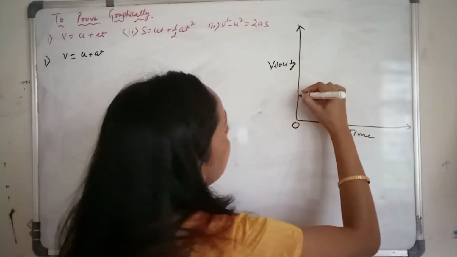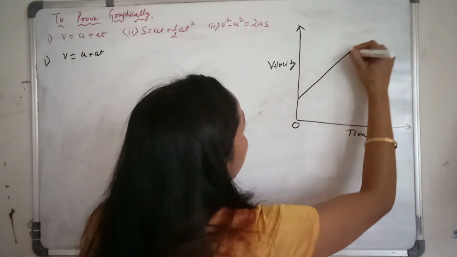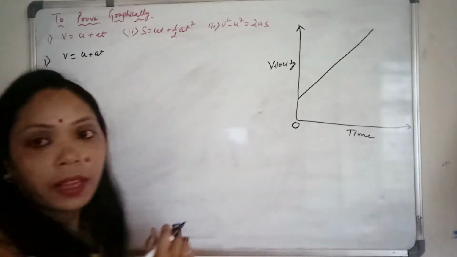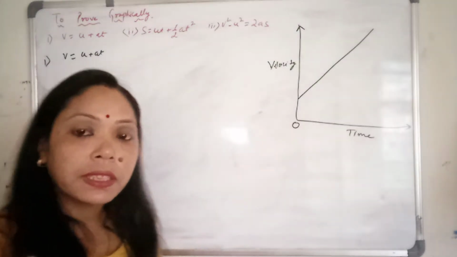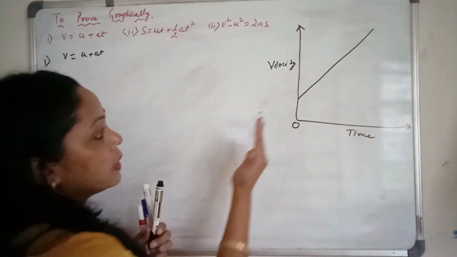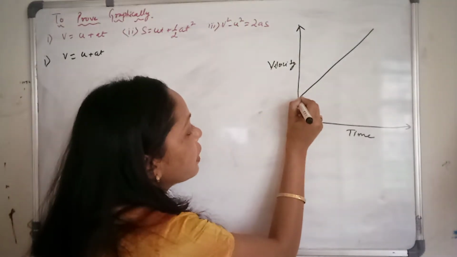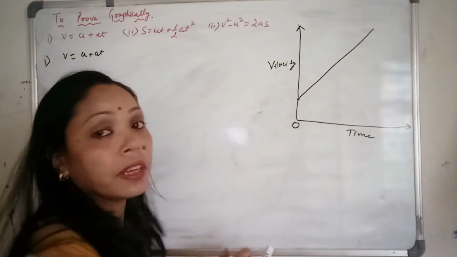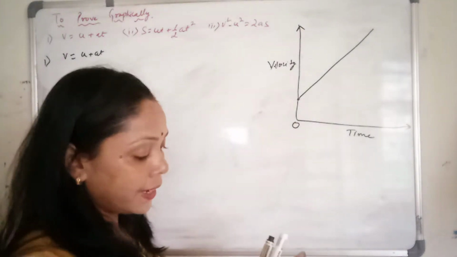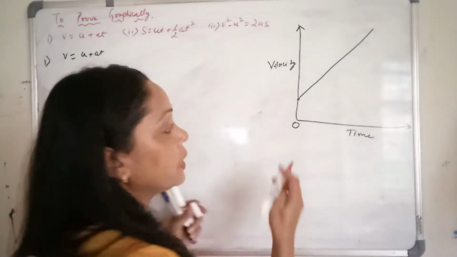So if I draw a straight line which is not parallel to the time axis, what does it represent? Just see here. This y-axis gives you the velocity. So the first point will give you the initial velocity.